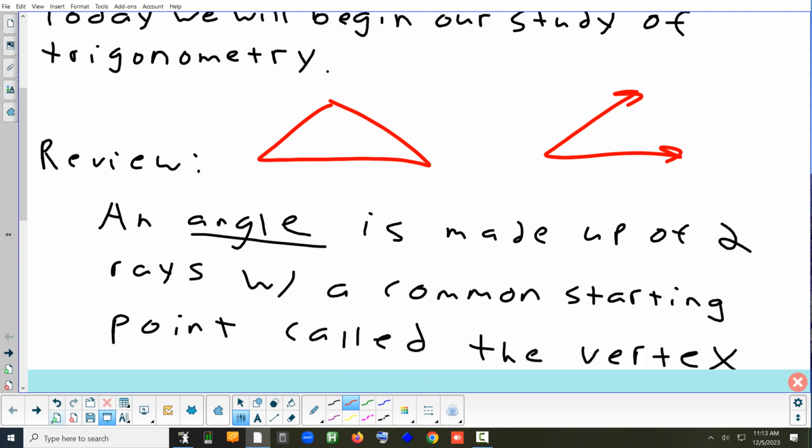If you draw it by itself, those are rays, and where the 2 rays start from is called the vertex. In a triangle, these 3 points are also called vertices. The only difference is the sides of the angle are line segments, not rays.